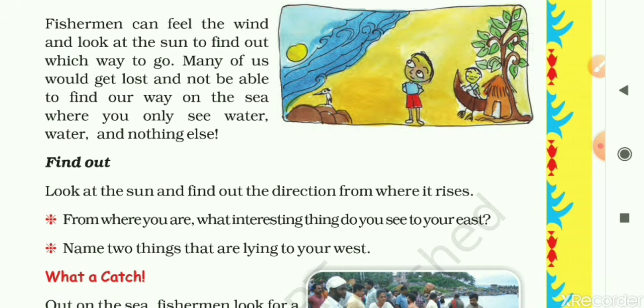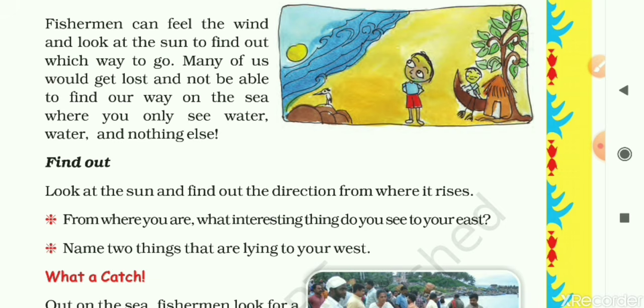Actually, when the fishermen go deep and far in the sea, in a condition when they forget the way back home, at that time they look at the sun and feel the wind to find their way back home.